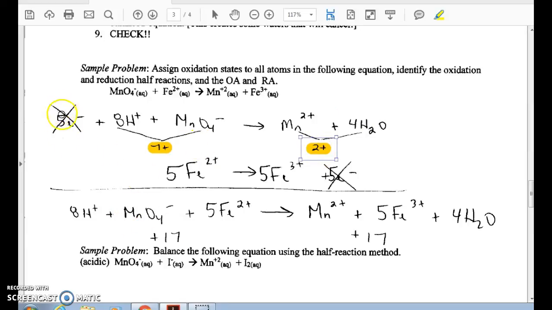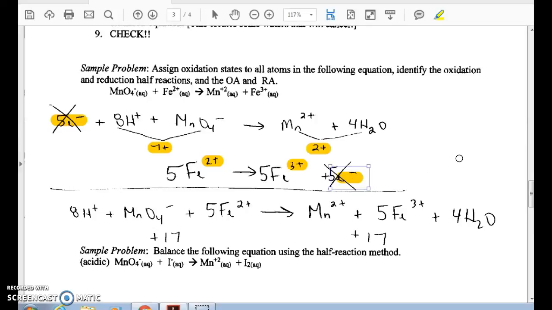So I need 5 electrons to be added to bring the more positive charge down to equal the more negative charge. Here I have 3+ on the product side and 2+ on the reactant side, so I need to add 1 electron to get those two charges to equal.